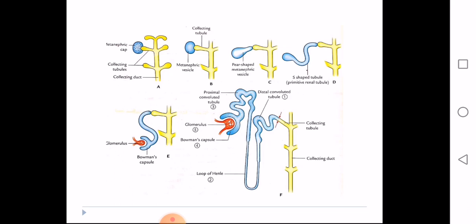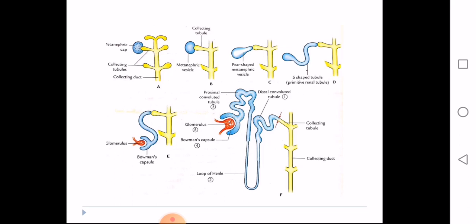So your metanephros and your ureteric bud parts are not fused yet. They are still separate. There is still a barrier between the two. Now look at the distal end of the S-shaped tubule, in diagram E. You can see that it is becoming the Bowman's capsule.